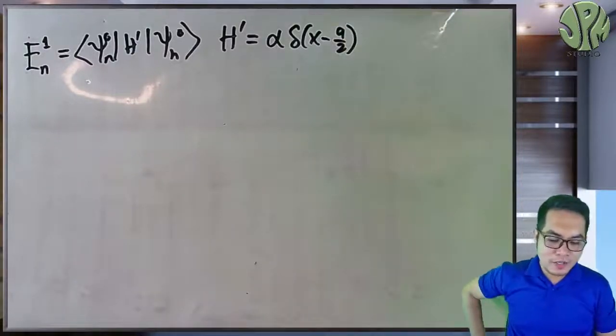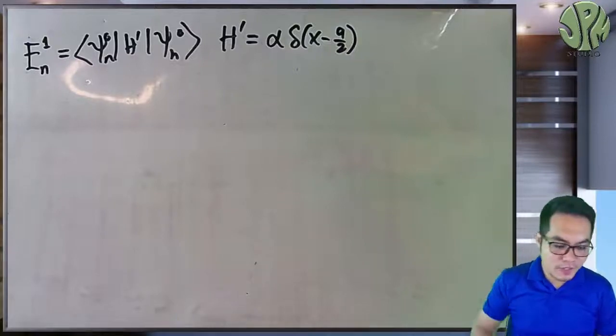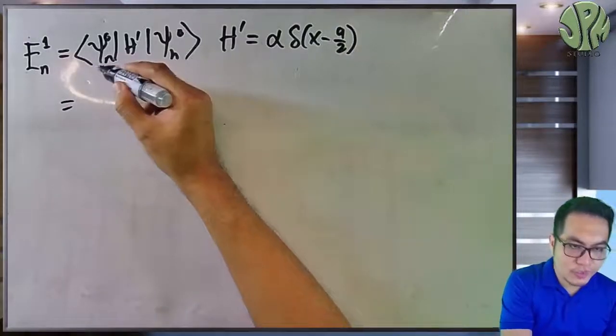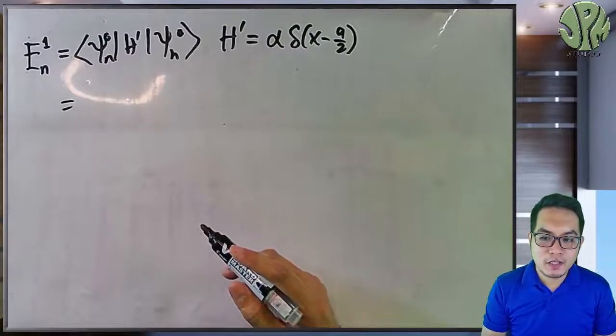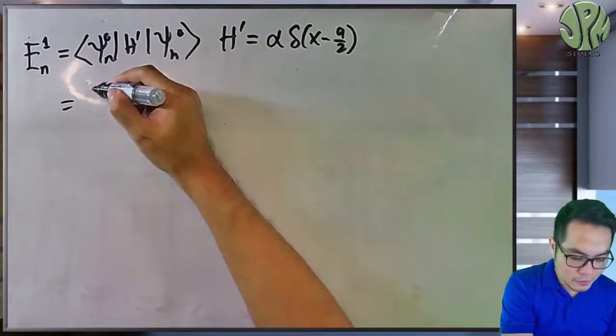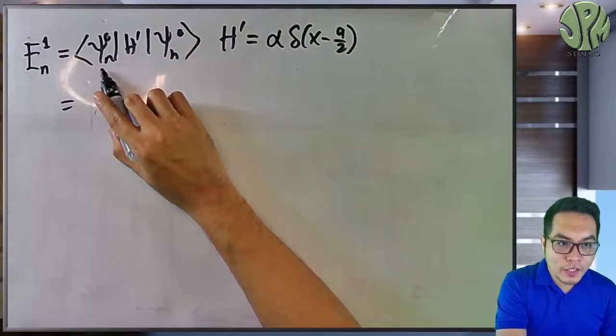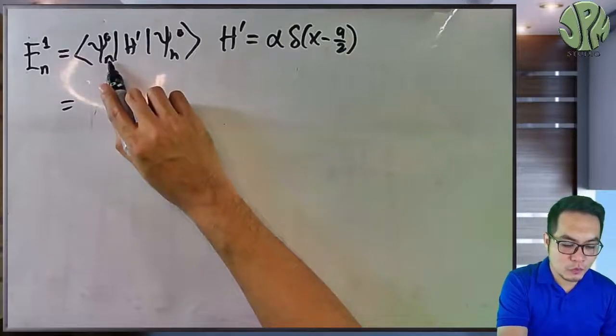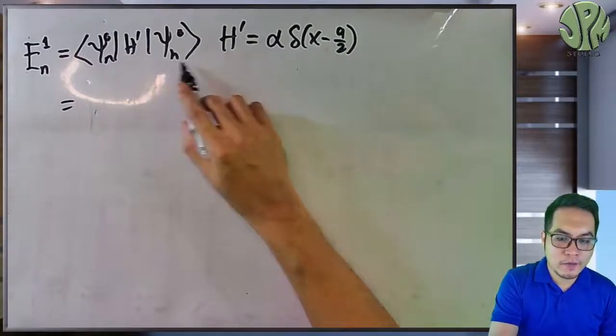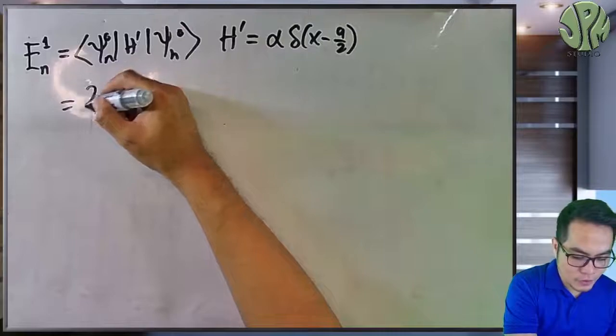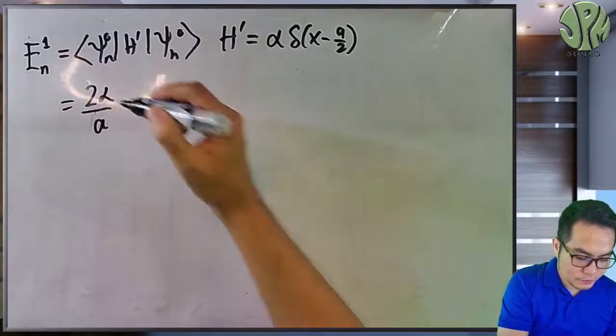Now in this case, this is not a constant again, so we will need to convert this inner product into the integral form. So you will get psi n0, which is square root of 2 over a. So you will get 2 over a. There's a square root of 2 over a factor here. There's an alpha, so you will have 2 alpha over a.